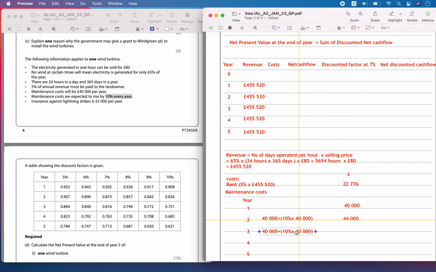For the third year, it is going to be 10% of 44,000 added to 44,000, so that is 48,400.